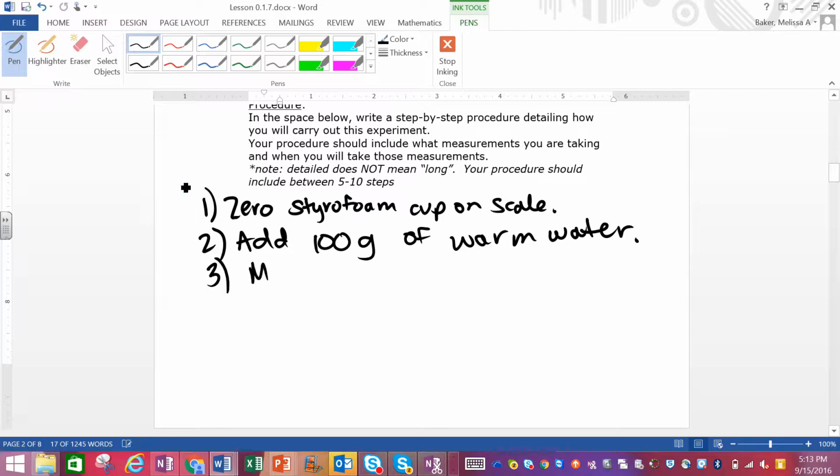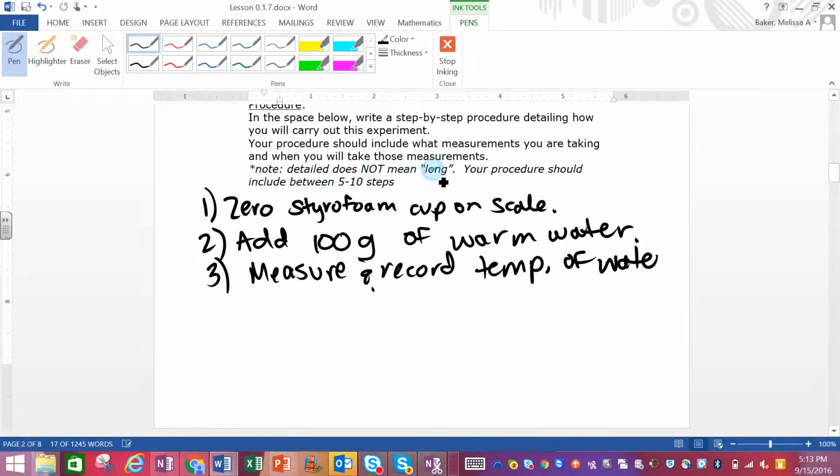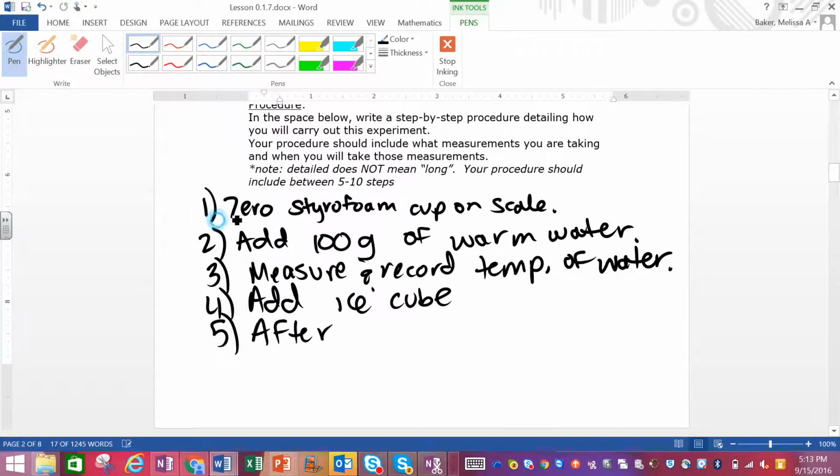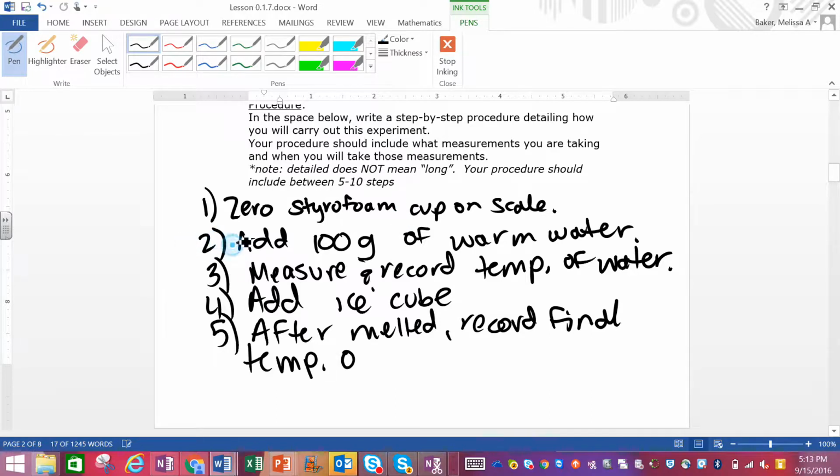Step 3, measure and record the temperature of the water. Add ice cube. After it melted, record the final temperature of the water and its mass.